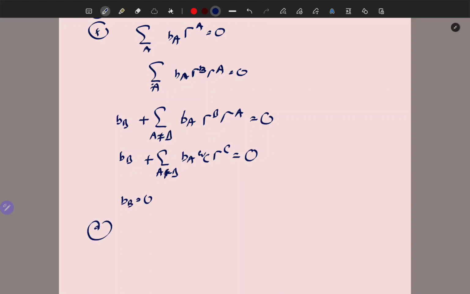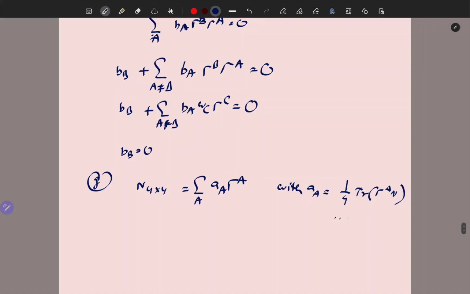And property G assumes any 4x4 matrix can be expanded in terms of gamma A, where a 4x4 matrix N equal to summation over A of c A gamma A, with c A equal to 1/4 trace of gamma A N.